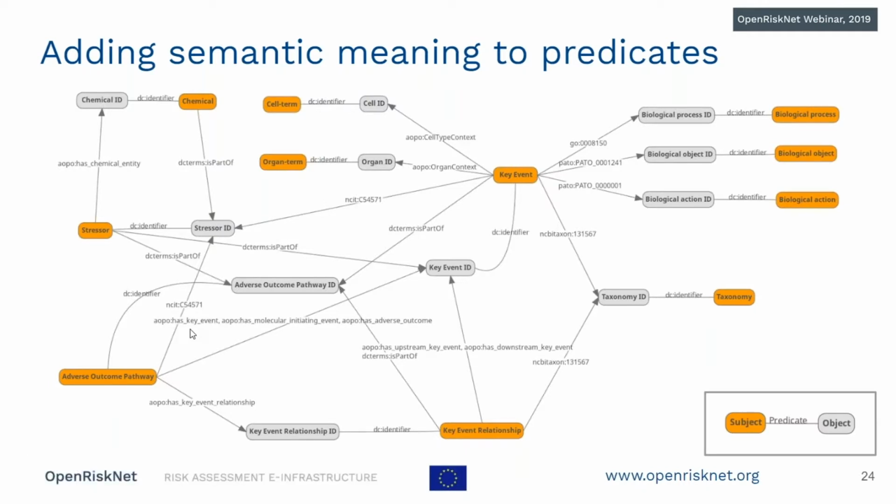Things like this make using the RDF much simpler and straightforward, and also align with other tools that use the AOP ontology, but also other kinds of RDF systems and databases.